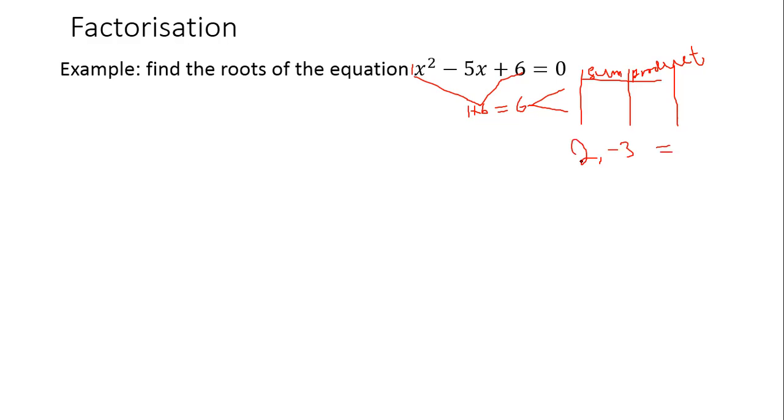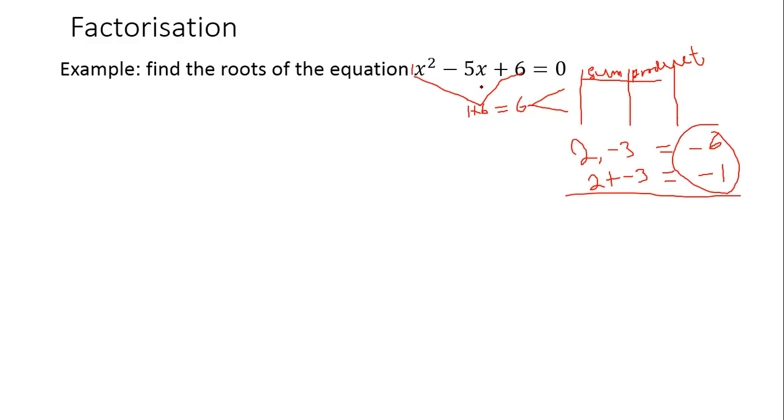So when we multiply 2 times negative 3, it gives us negative 6, and 2 plus negative 3 gives us negative 1. So they are not giving us what we wanted.